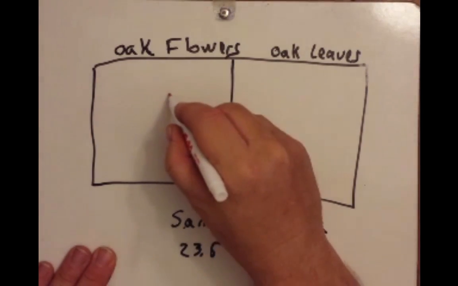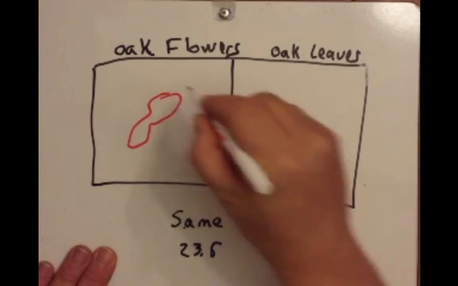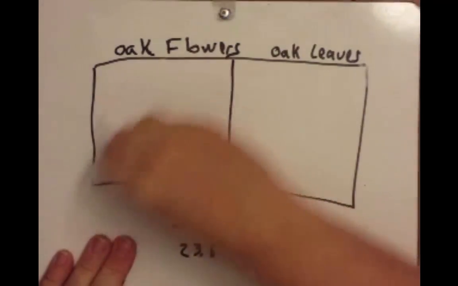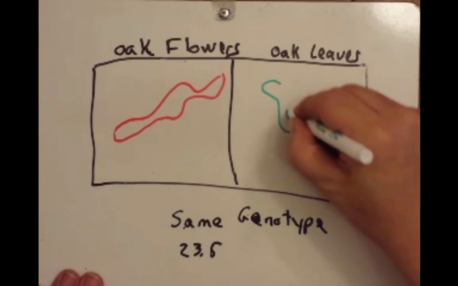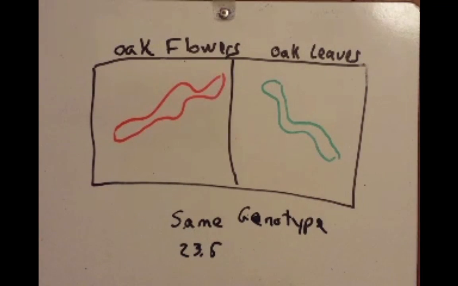In one of them, I'm just going to draw it as a different color. Overall, the same caterpillar, the same genotype, and they function much in the same way. They just look different because of the different kinds of food they eat, which means the different kind of chemicals that they are exposed to as they're developing.